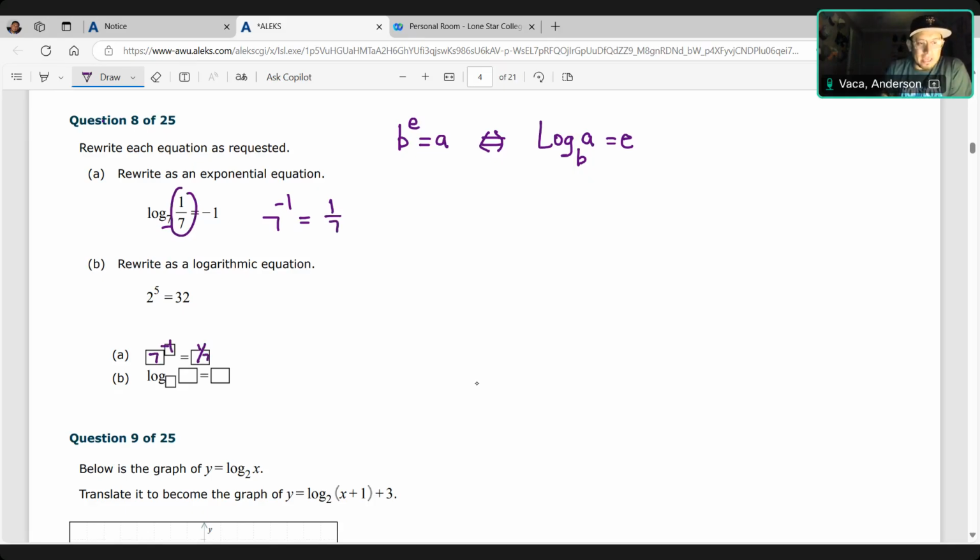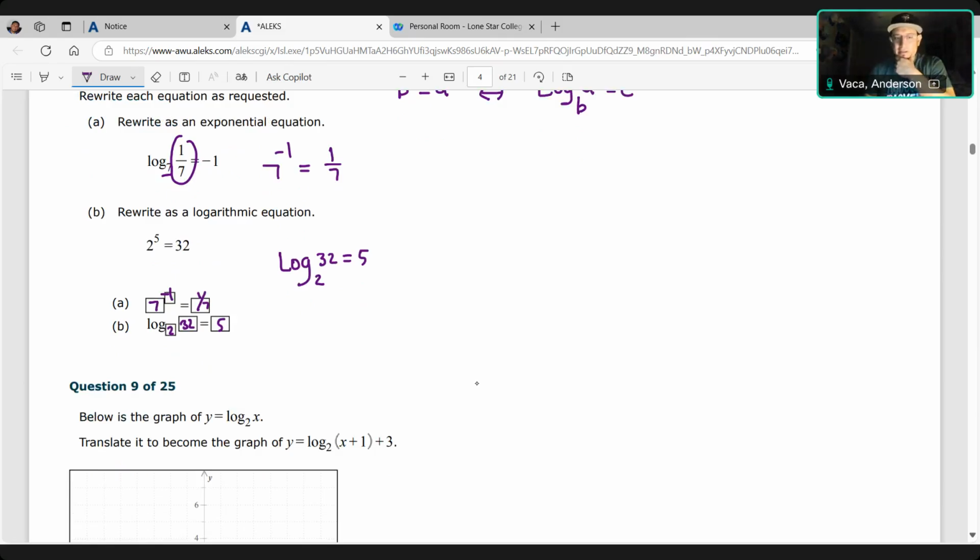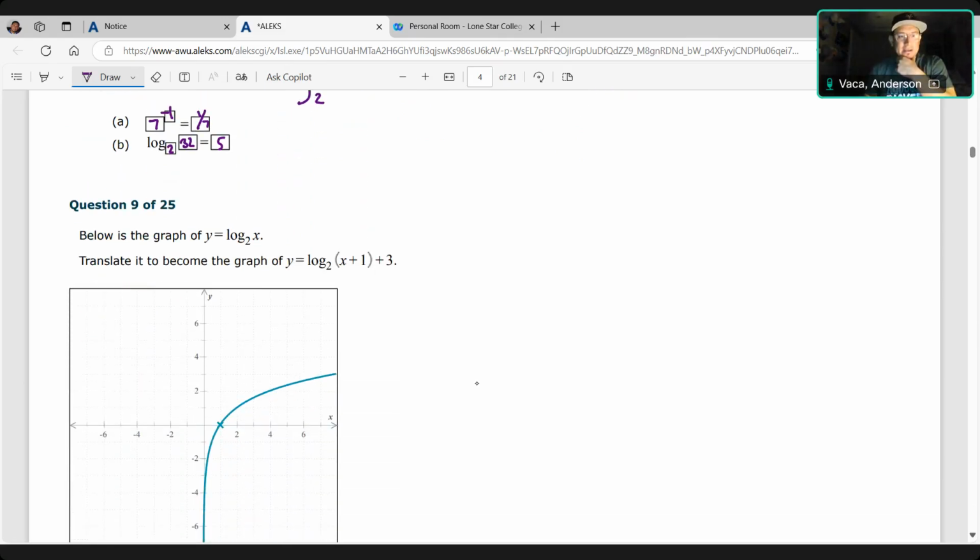Here they want us to use a logarithm with a base of 2, argument 32, exponent 5. So 2, 32, 5. How do I read this? 2 raised to the 5th power is equal to 32. Alrighty then, moving on. That was actually not bad.